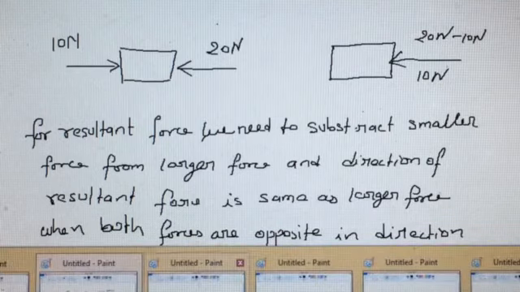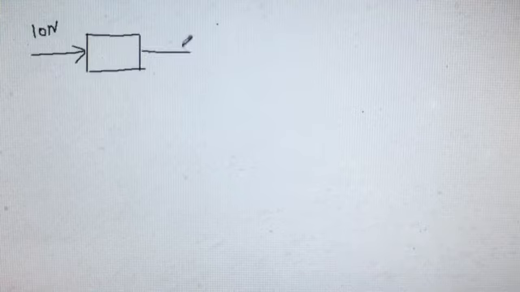Now the next case: we have an object and two forces are acting on the object, 10 Newton force and 20 Newton force. In that case, see here, both forces are trying to move this body in the rightward direction.